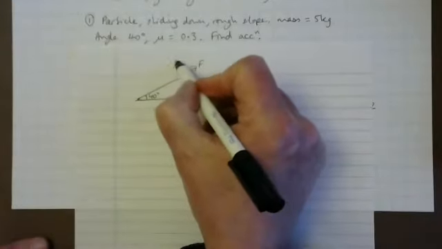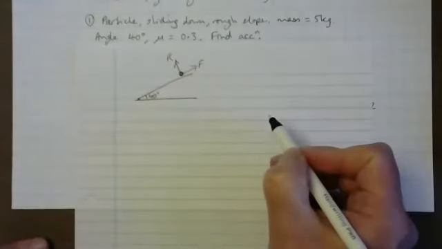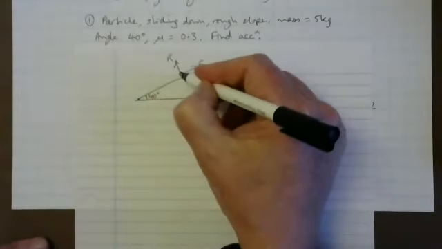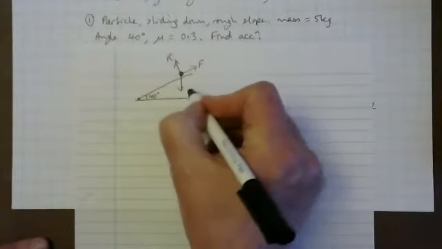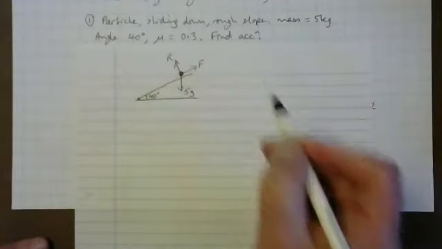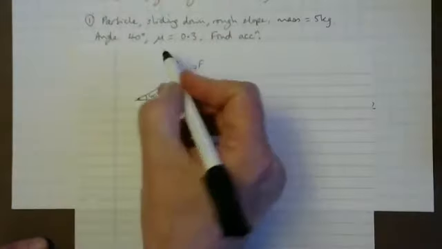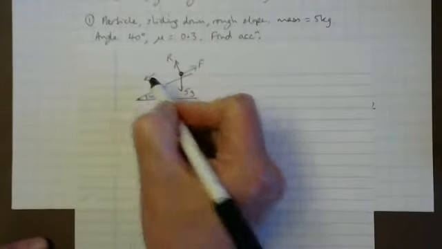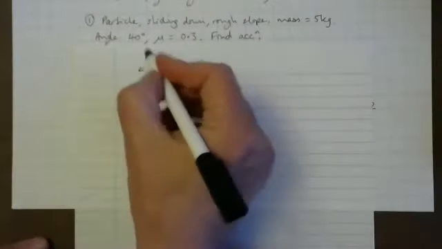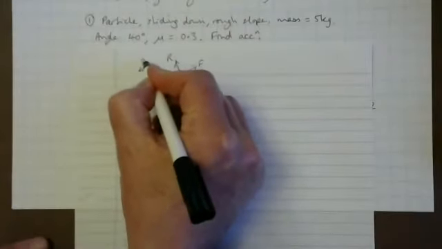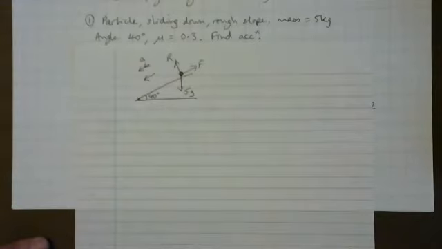I've got a normal reaction in this direction, and a mass which creates weight in this direction. The weight created is 5g. It's sliding downwards. The acceleration is what I don't know, so I'll draw the arrow in this direction, but I might get a negative value for the acceleration.